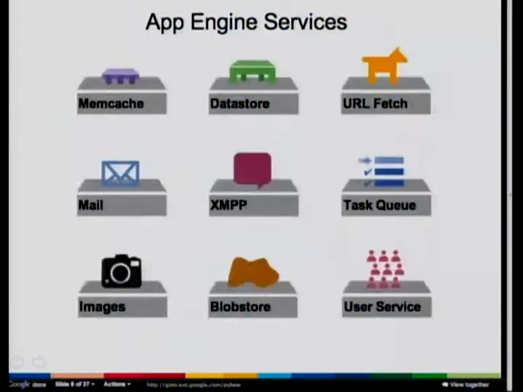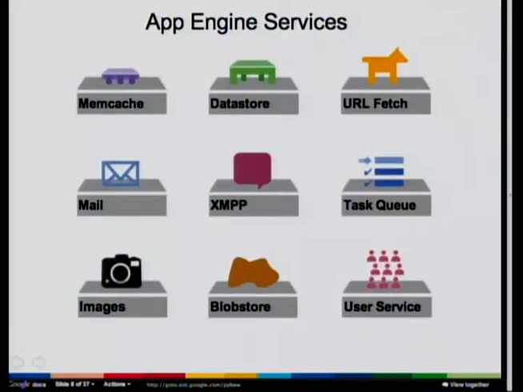As I mentioned before, App Engine is a series of services. This is just a sample of some of the services. It's not all of them because obviously we have a large number of services. Basically, the datastore allows you to use the same storage technology that the Google search engine uses. Memcache is high-speed memory caching, essentially the same caching that the entire Google infrastructure uses.